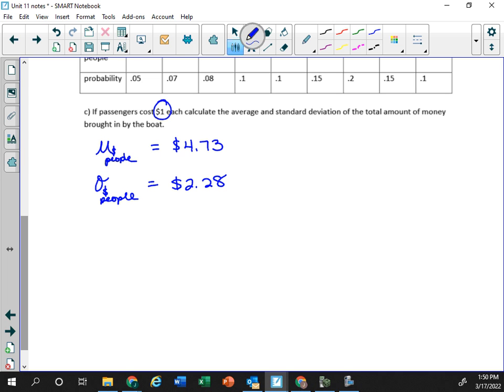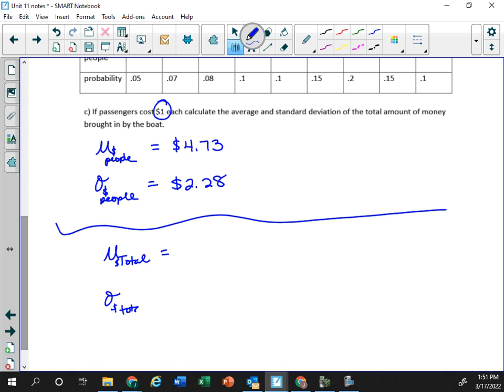This is not on your paper, guys, but let's figure out what's the total money they are making, for cars and people. How much do they make for trips? And then the sigma. The sigma you've got to think about for a minute here. Is that the adding distributions? That is the adding distribution stuff.